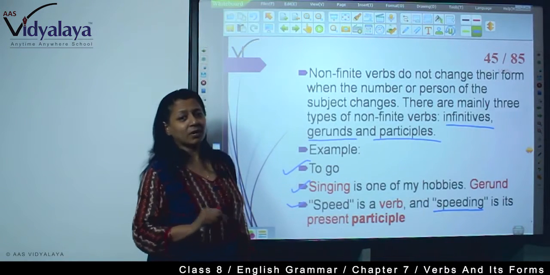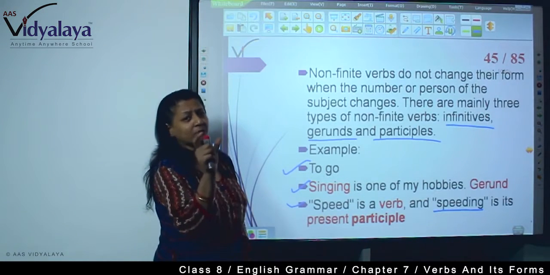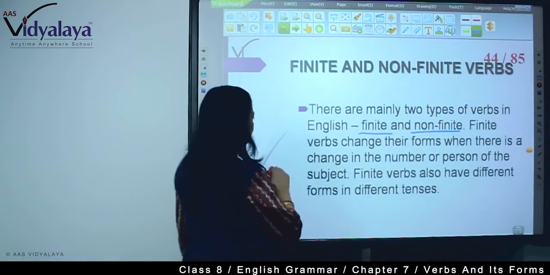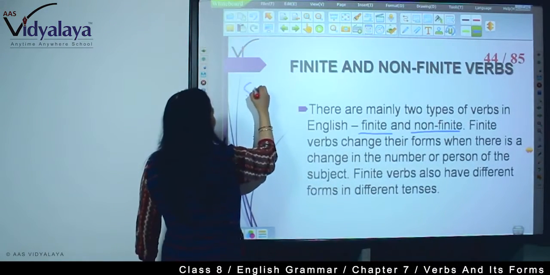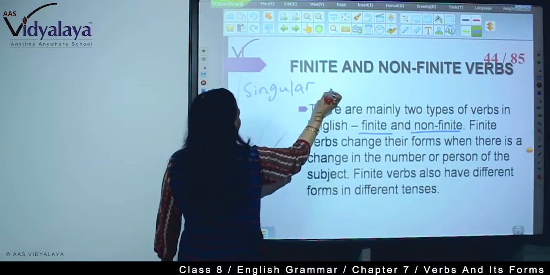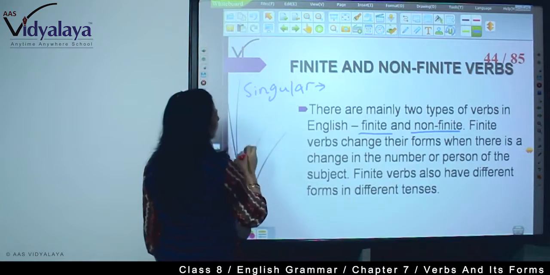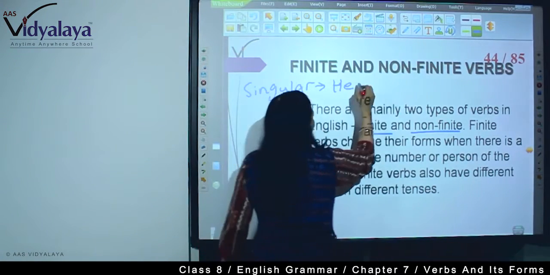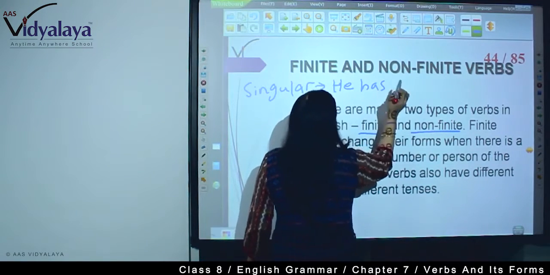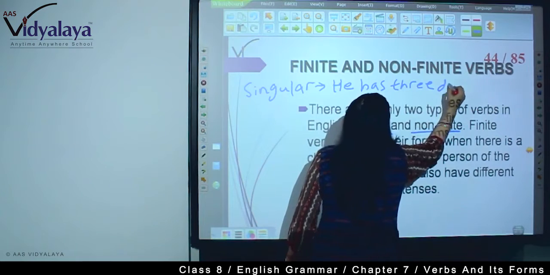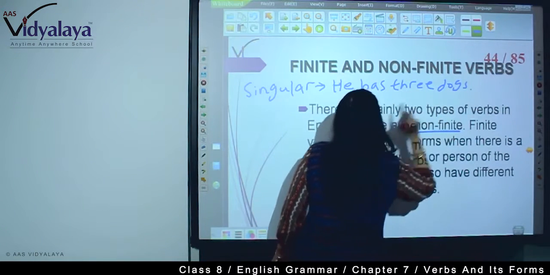And in finite verbs, with number and with person, it changes. If you see here, number: if it is singular, he has 3 dogs, right?